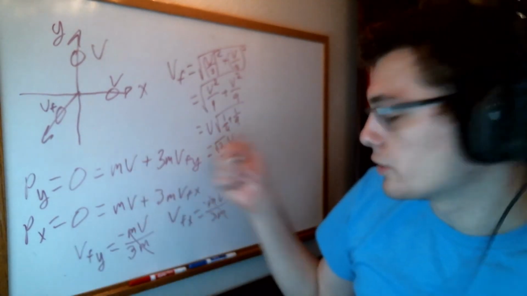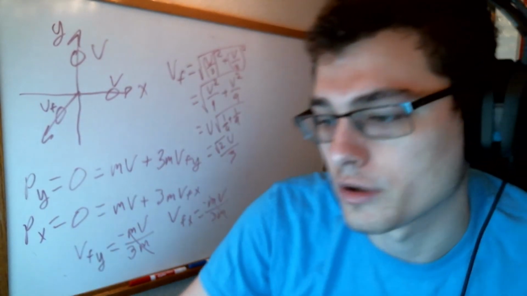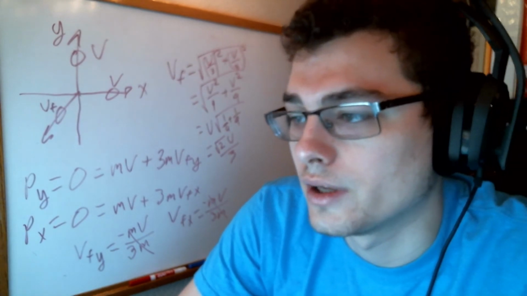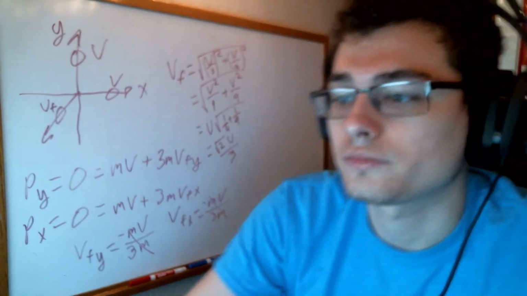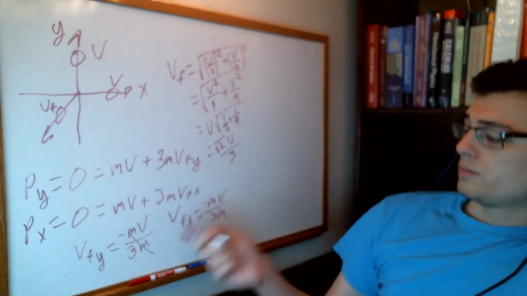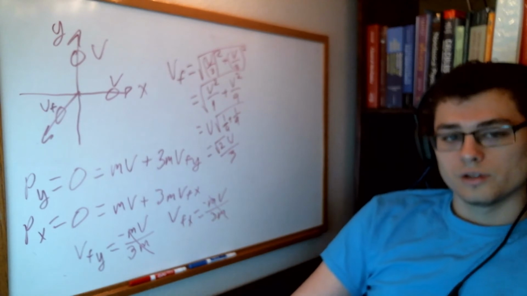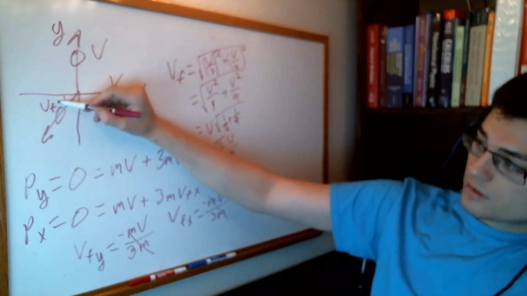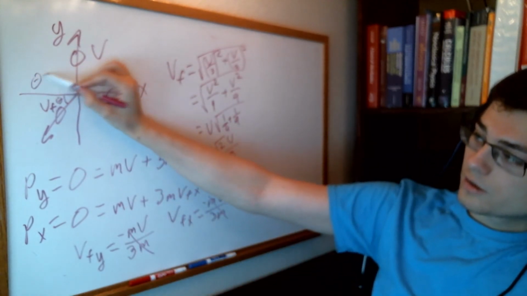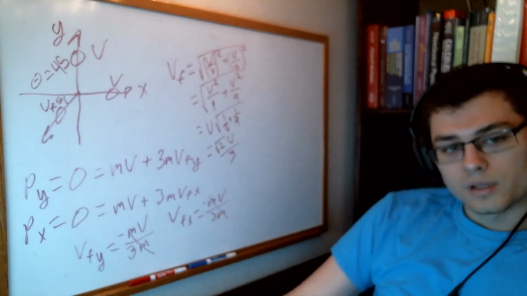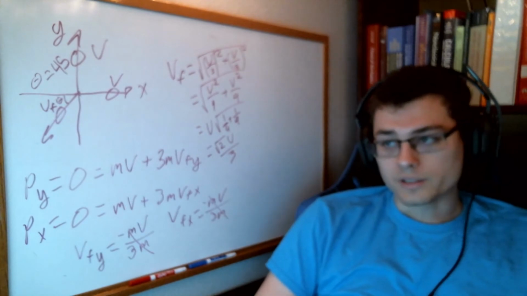And so then you plug in what v is, and that will give you the numerical value of the larger piece. And so then what angle does this have? We can see that both of these components are going to be equal to each other. So then we can just say that this theta here, theta is equal to 45 degrees underneath the negative y-axis.